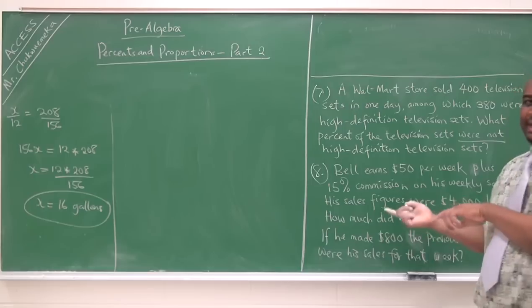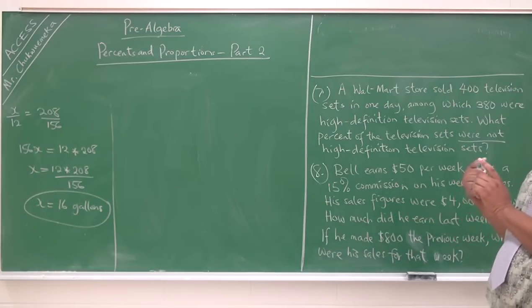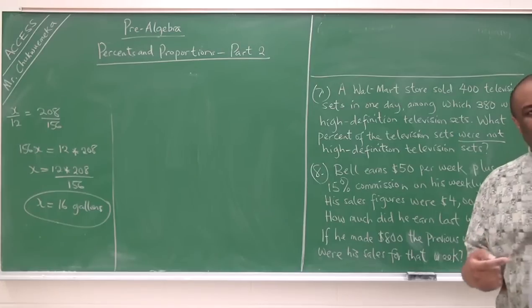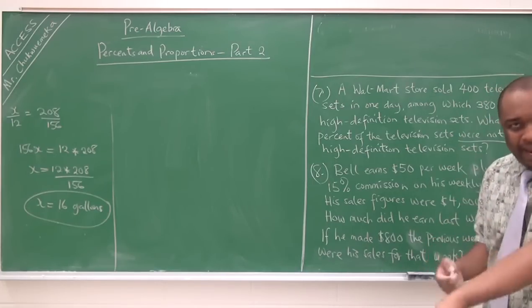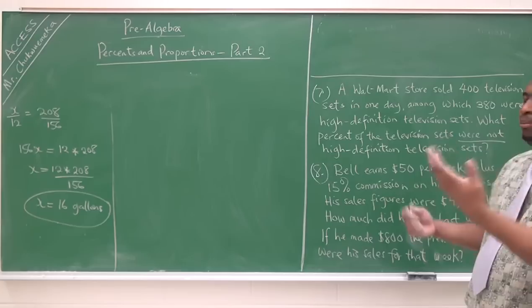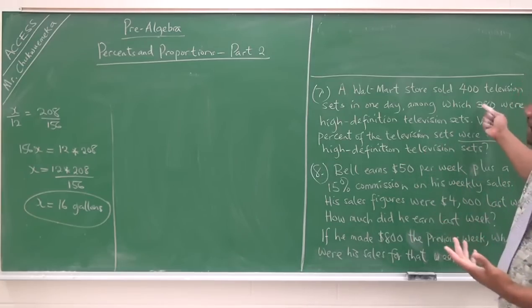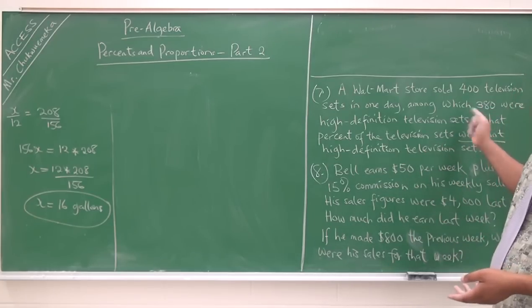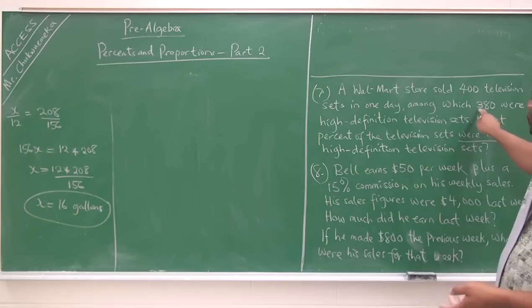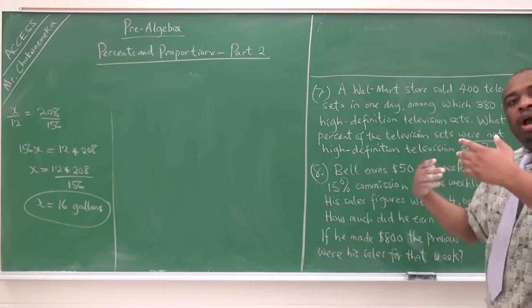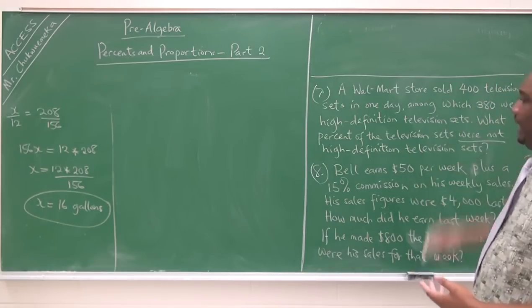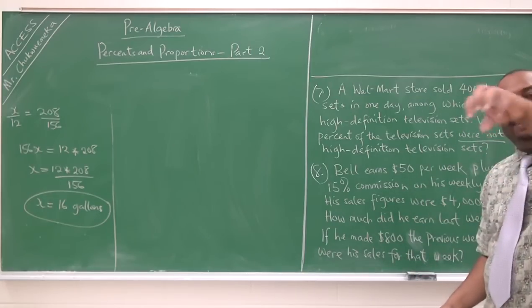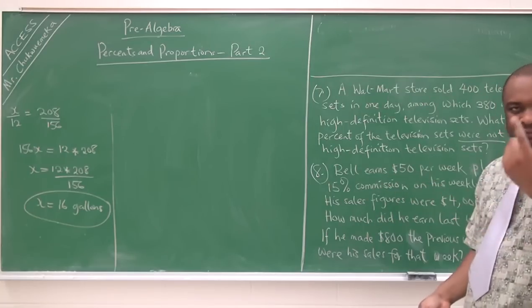But can you find this directly? It's better to find how many percent were. Because they gave us how many were high definition sets, we see that we want to find the percent of 400, that is 380. Let's find how many percent were high definition sets first.